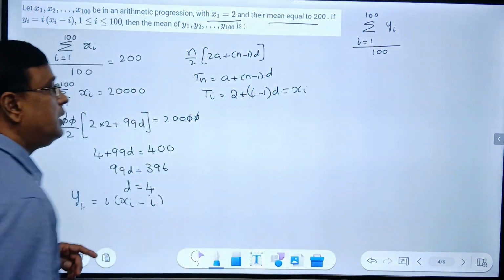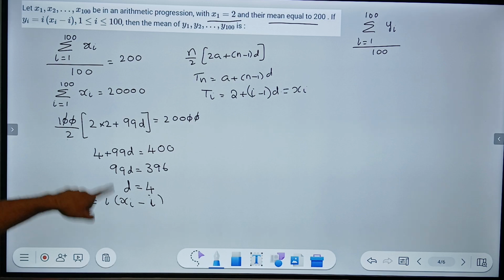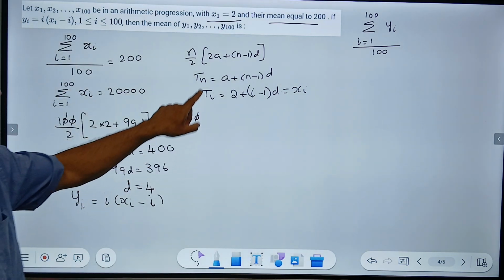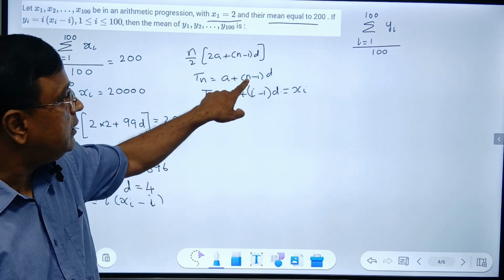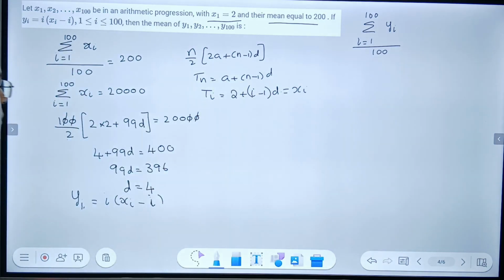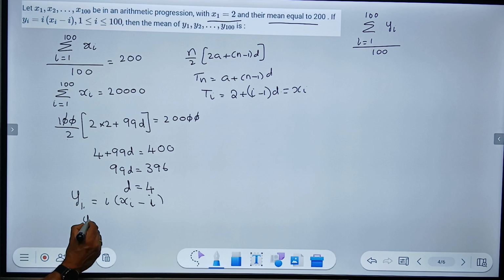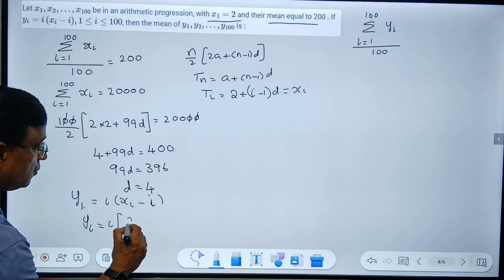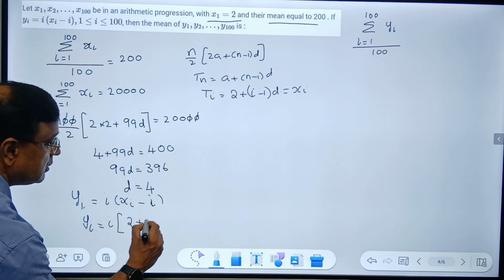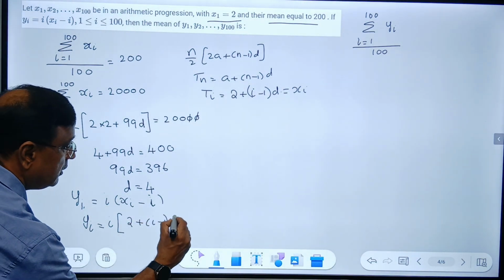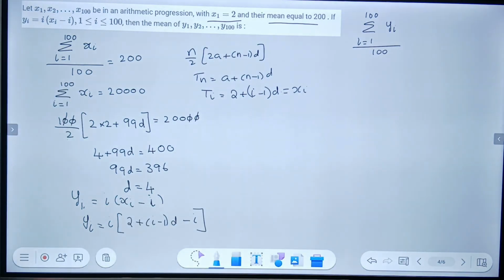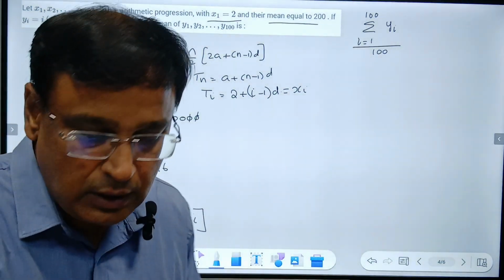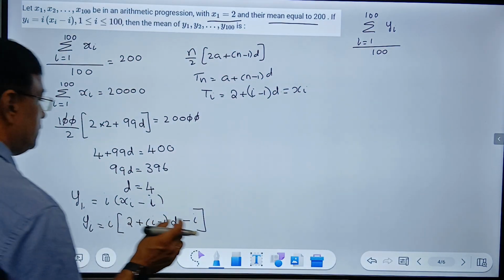You understand what I'm saying? xi is the ith term of an AP. The ith term formula is a plus (n minus 1) into d. a is 2, and n is i, so (i minus 1) into d. So I will substitute here. So yi equal to i into (what is my xi?) 2 plus (i minus 1) into d, minus i. Is it clear? And you know d is 4. I could have substituted that.